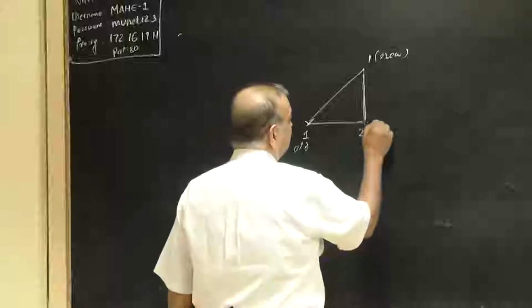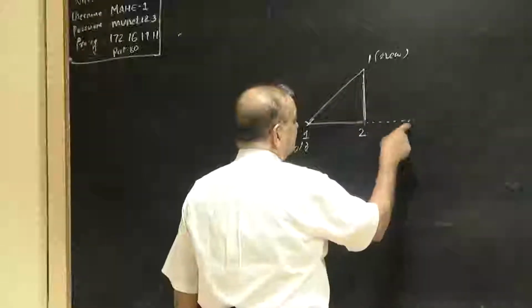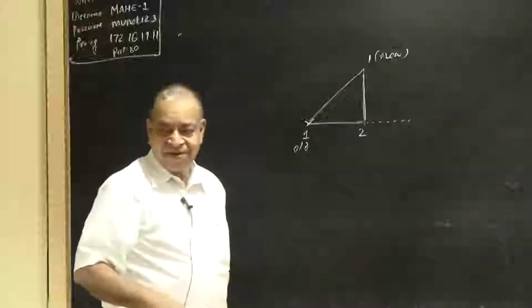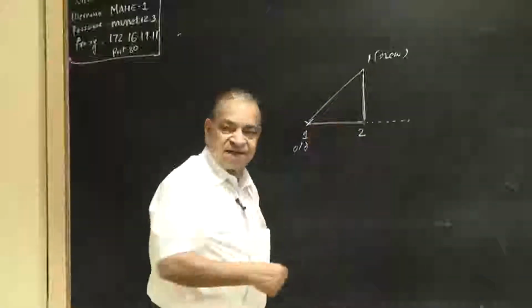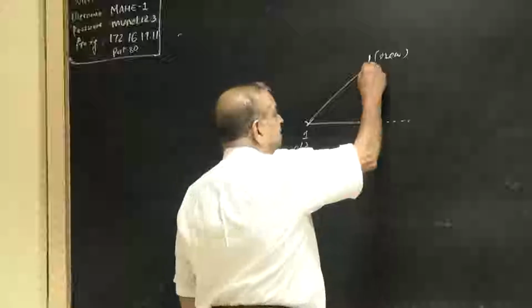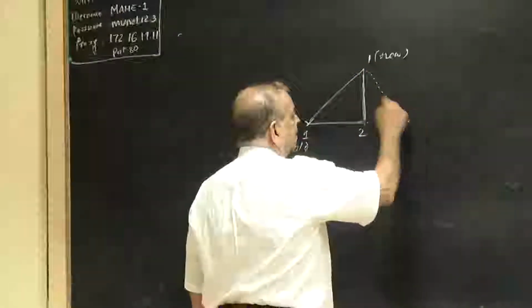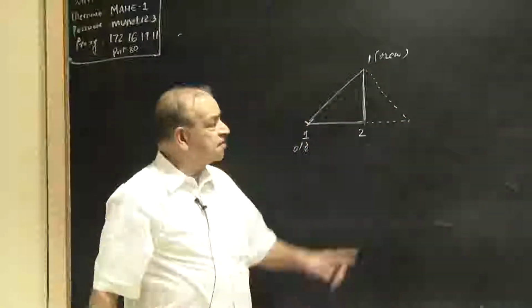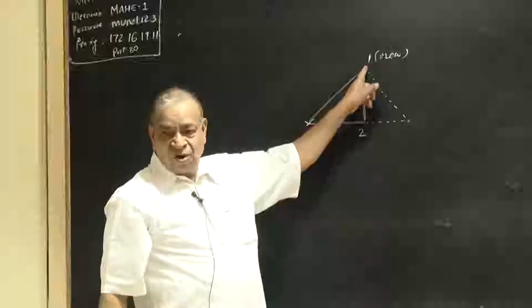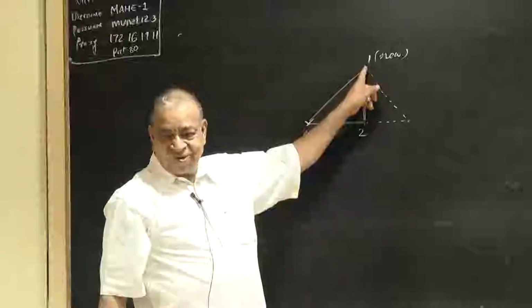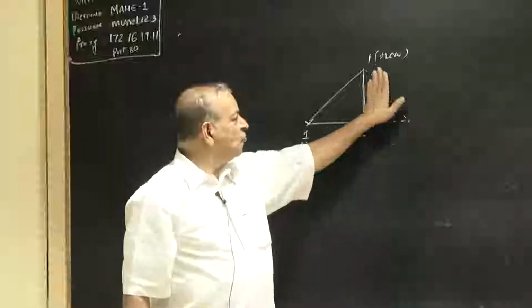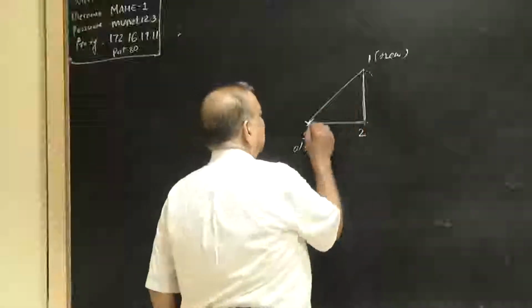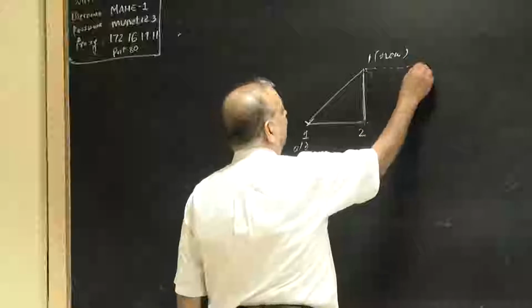For example, this and this are adjacent. This and this are adjacent. This and this are adjacent, but not this. These two are not adjacent because this one will have one coordinate smaller, another coordinate larger than this one. So the correct adjacent one is not that, but simply fill up this one.